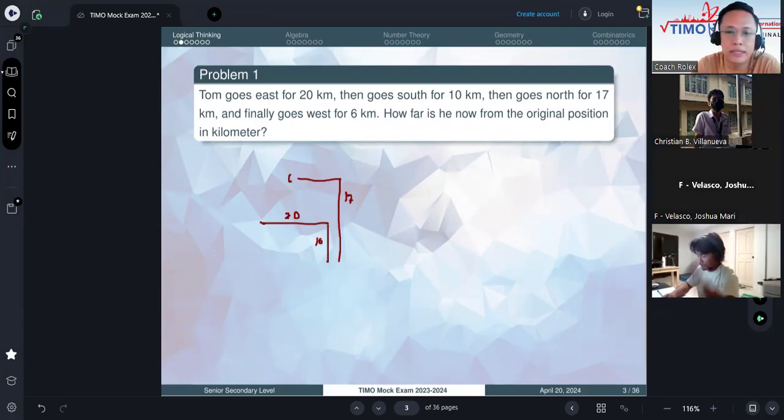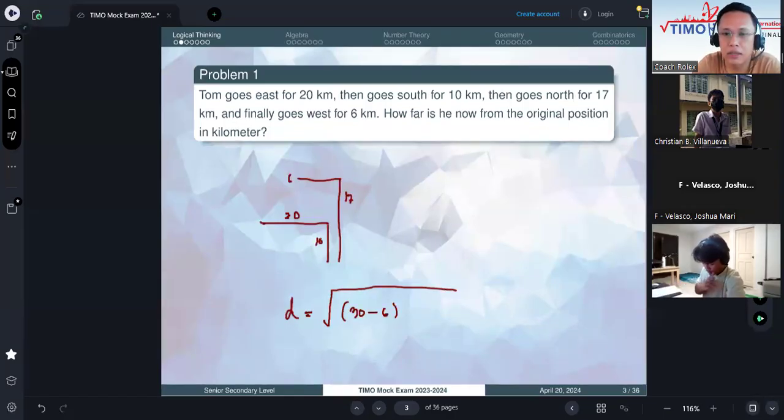So the distance that Tom covers is D equal to, okay, the horizontal is 20 and 6, so that's 30. You subtract by 6, then take the square, plus 10 or 17 minus 10, take the square.